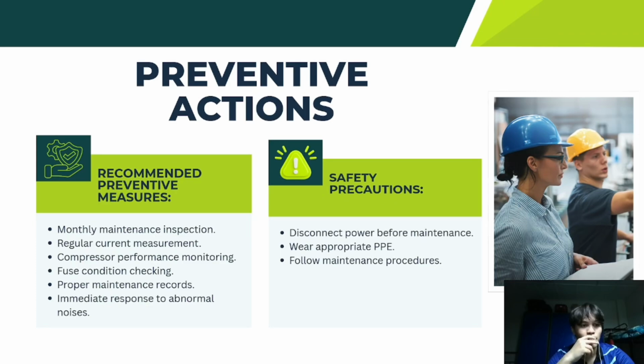And then the compressor performance should also be monitored continuously. And the fuse condition should be checked during routine maintenance. Complete maintenance records should be maintained because they help the technicians identify recurring faults and plan future maintenance. In addition, any abnormal noise should be investigated immediately before it develops into a major failure.